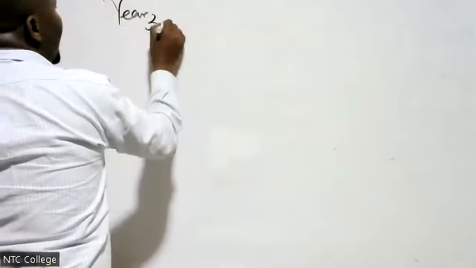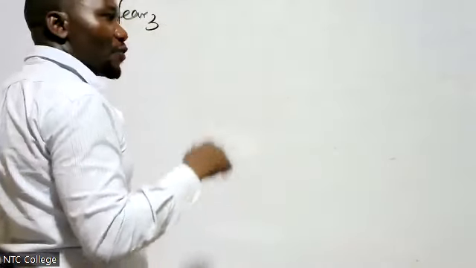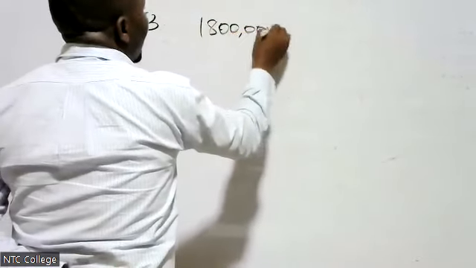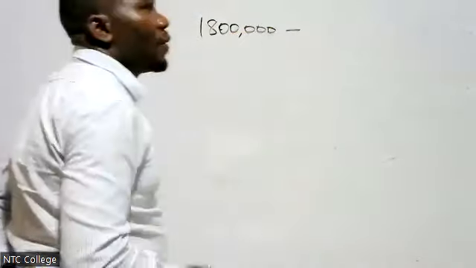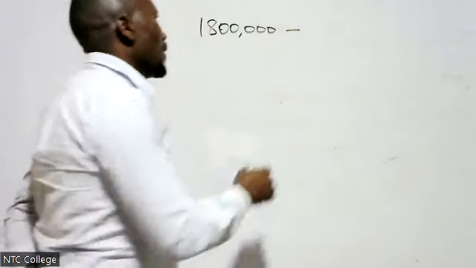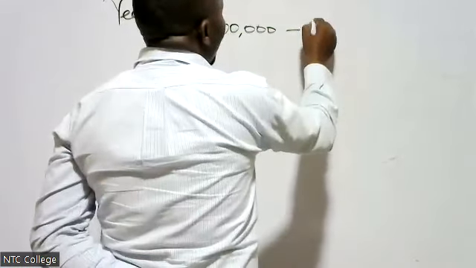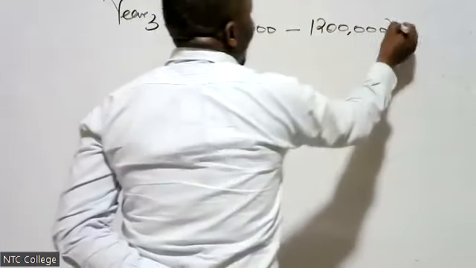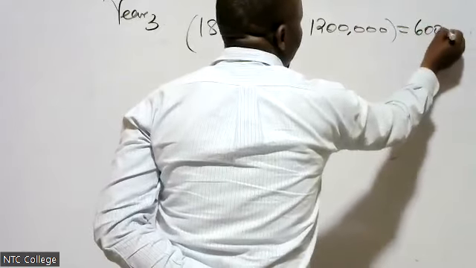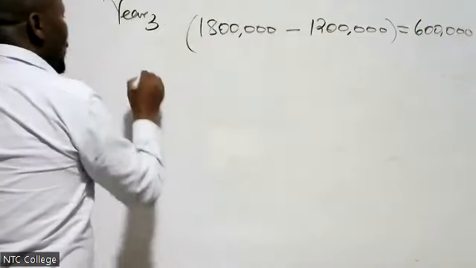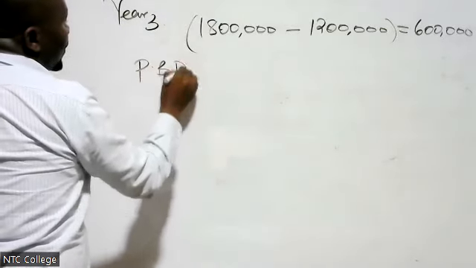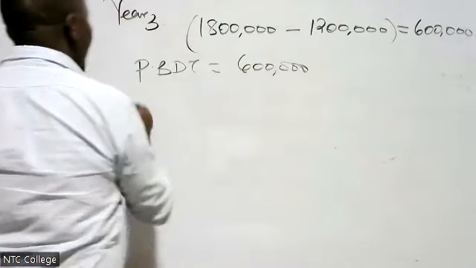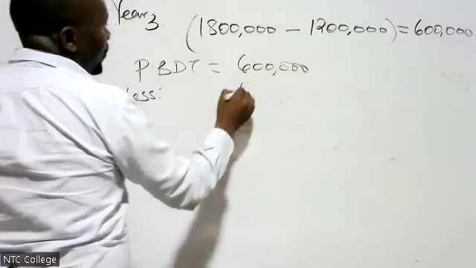So in year 3, that is another increment of 600. So it was 1.2. Now we're going to have 1.8 minus 400 times 3 which is 12, so our profit will be 600 this time. We're saying that profit before tax and depreciation is 600, less depreciation, which is 140.